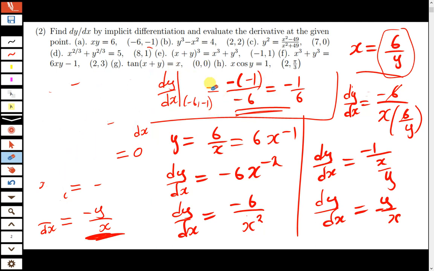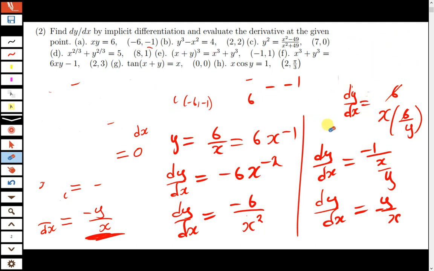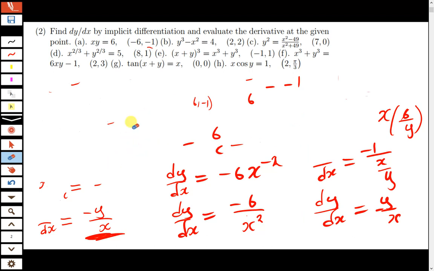It's not something that should give us problems. I'm just trying to clear up the board, the screen, so that we have enough space to solve the next question.